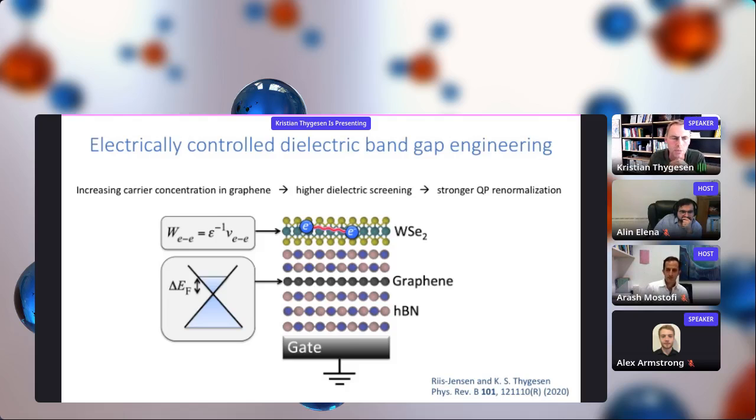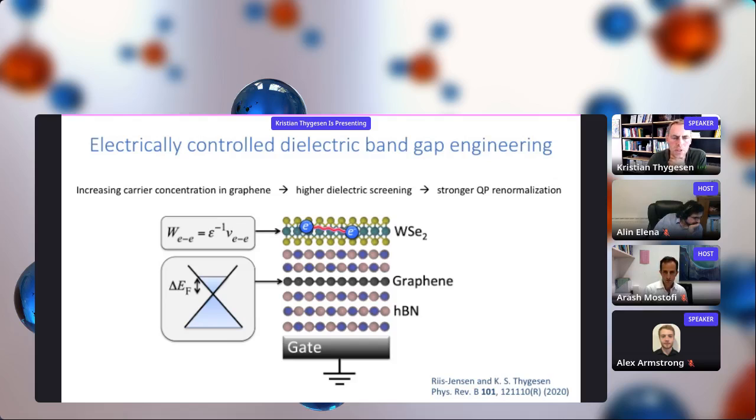So what we have developed is something we call the quantum electrostatic heterostructure model, QEH model, where we can account for the dielectric environment in the calculation of the band structure of a particular 2D material. So for this stack here, we can compute the dielectric function using the QEH model.